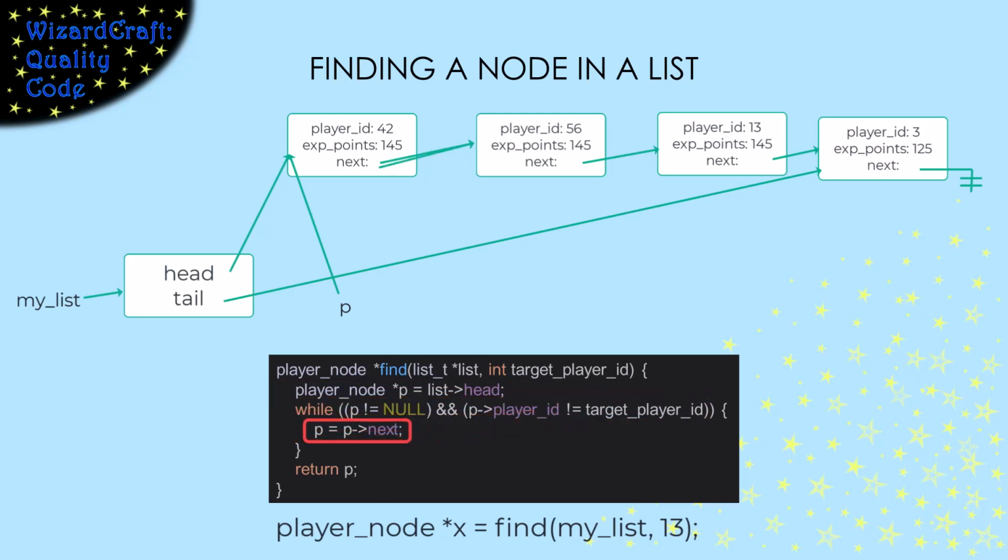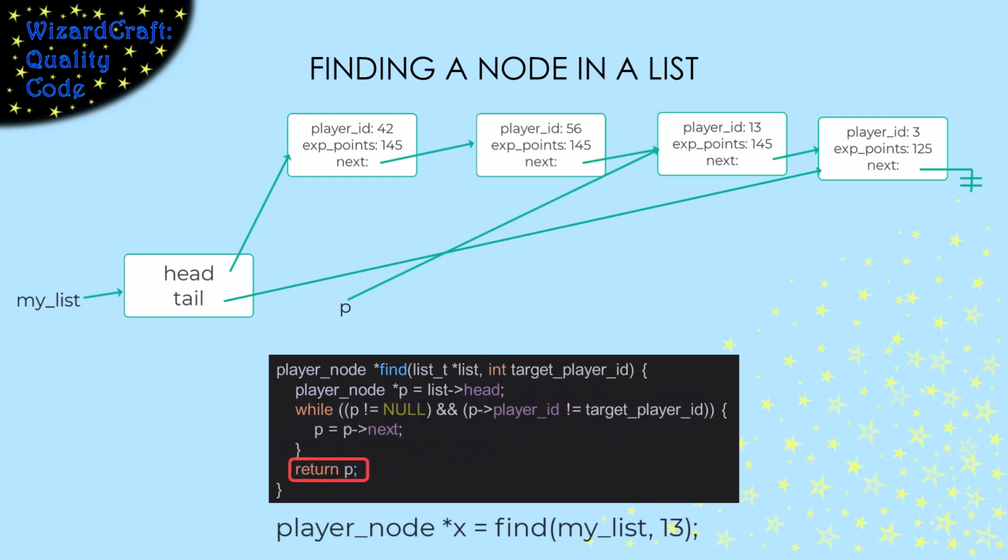So, we copy p's next pointer into p, check the condition again, still not null, and 56 is not the player ID we're looking for. So, copy p's next pointer into p, check the condition again. This time, p's player ID is the 13 that we're looking for, so the loop stops and we return p.